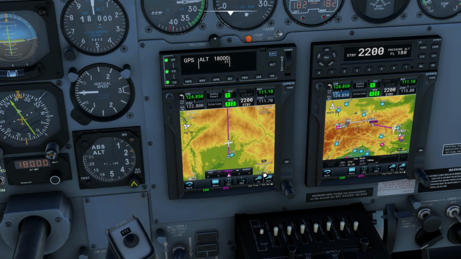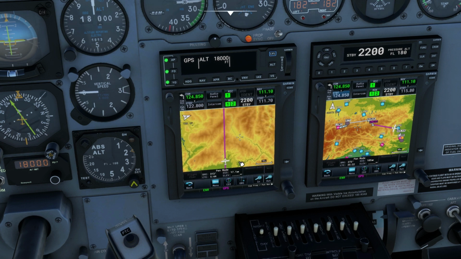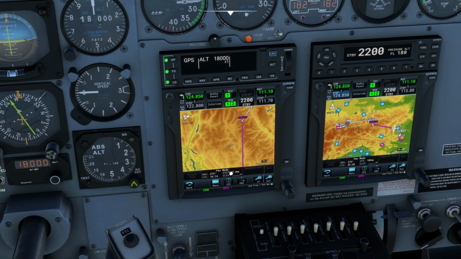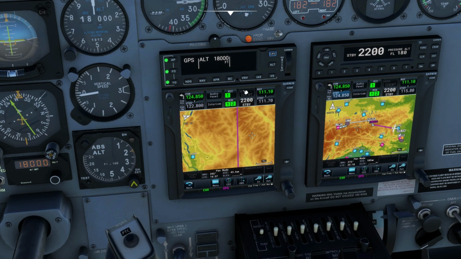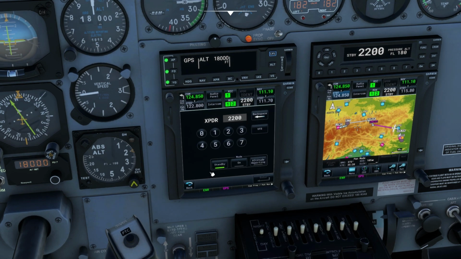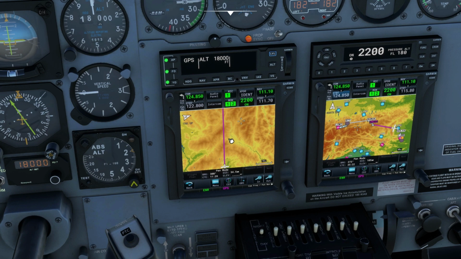So now we've got 60 miles to the next waypoint, which is indeed. Ha! Of course I forgot about this. Okay.